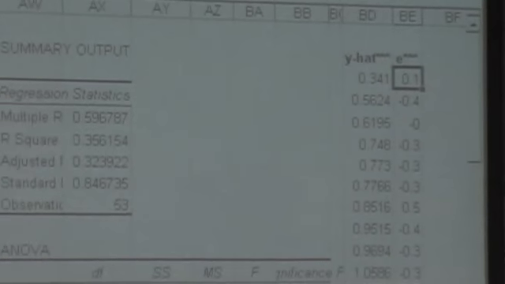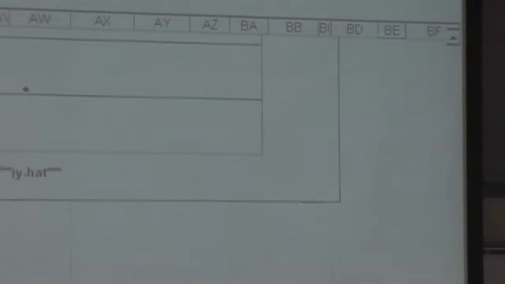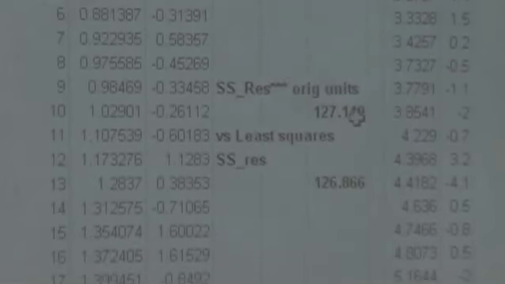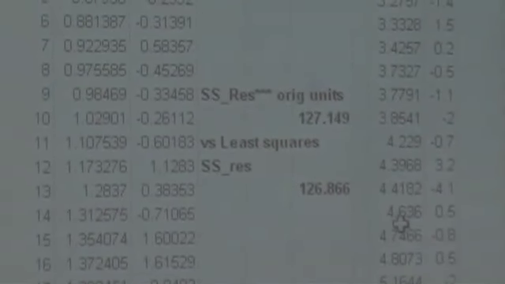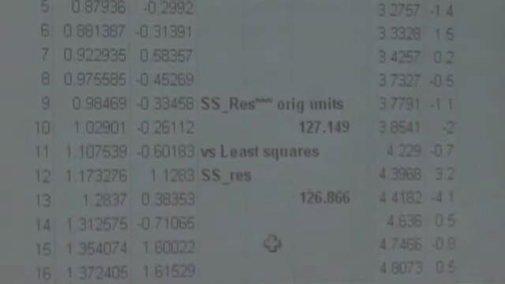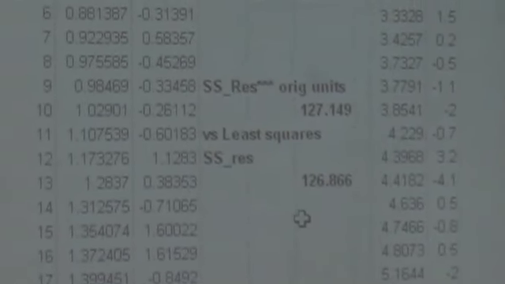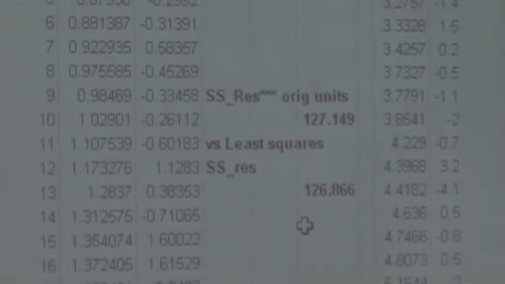And now I get my E triple star, and now I get my means. The sum of the squares of those turns out to be, here they are, SS res triple star in original units 127, versus the original one, which is 126.87. So I get a larger SS res from them, because it is a linear fit now, right?